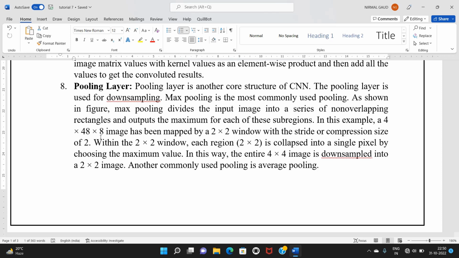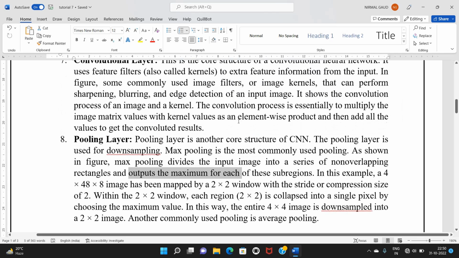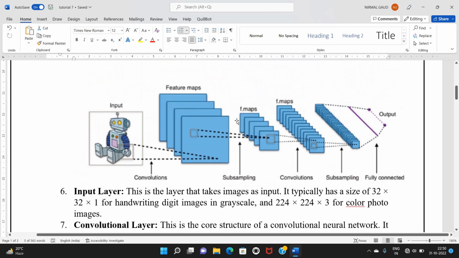If I collect the maximum features from the image, that is called max pooling. As shown in the figure, we perform max pooling, which divides the image into a series of non-overlapping rectangles, and the output is the maximum of each sub-region. What exactly I did, you can see in these feature maps: I performed the convolution, and then I performed the sampling over it.